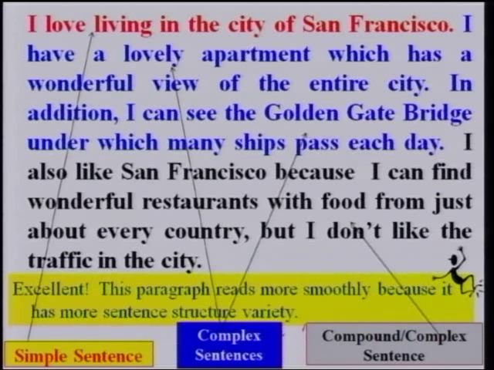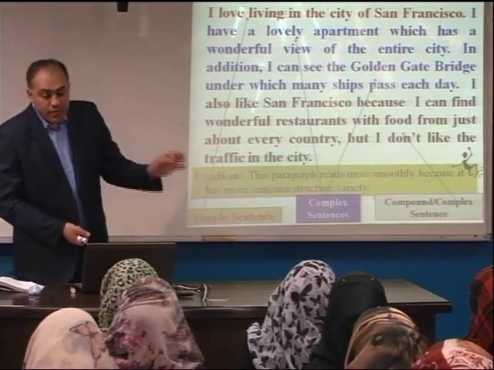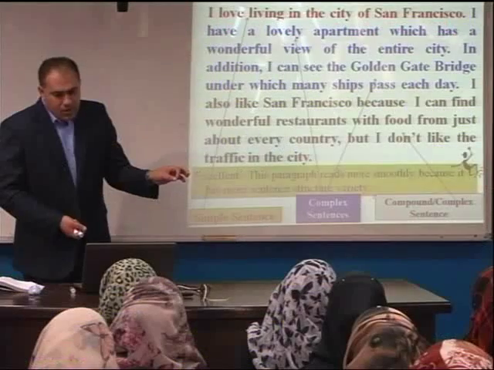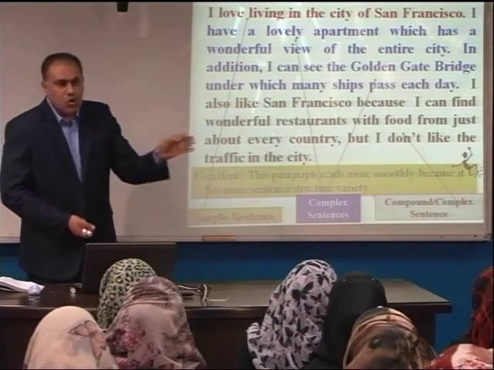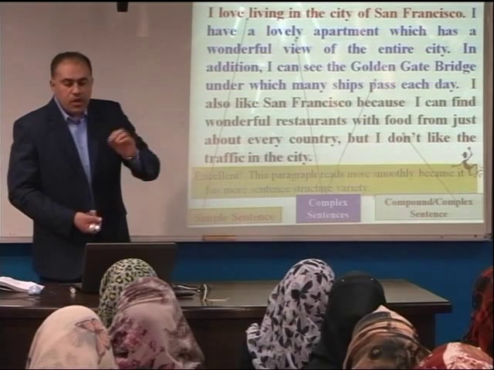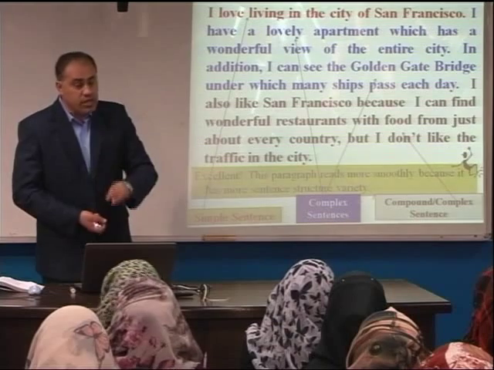I love living in the city of San Francisco. This is a simple sentence. I have a lovely apartment which has a wonderful view of the entire city. This is a complex sentence. In addition, I can see the Golden Gate Bridge under which many ships pass every day.